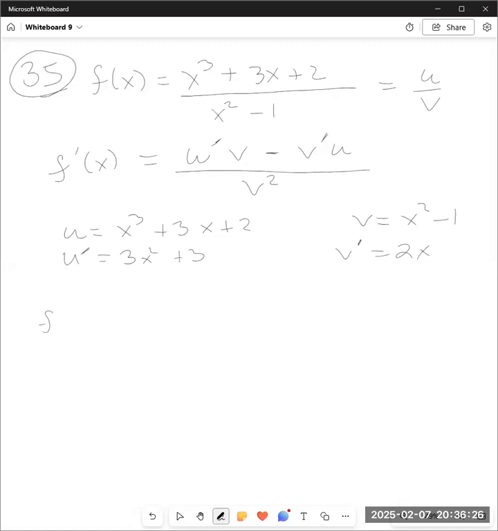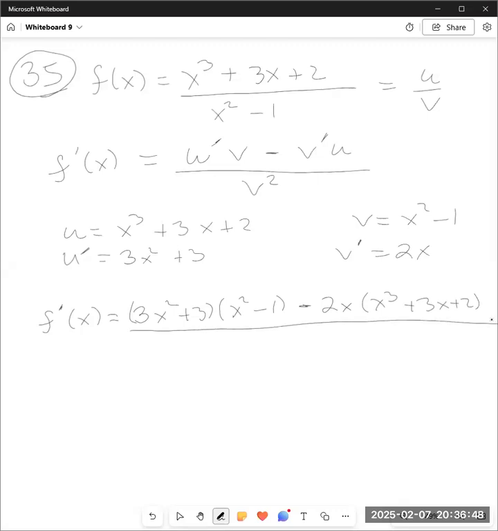So f prime of x is equal to 3x squared plus 3 times x squared minus 1 minus 2x times x cubed plus 3x plus 2 over x squared minus 1 quantity squared.